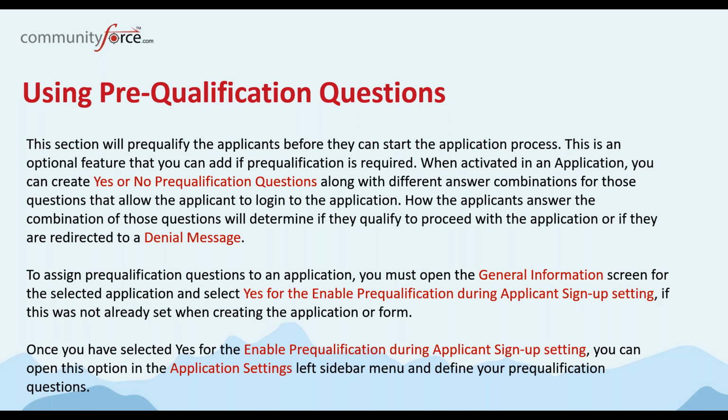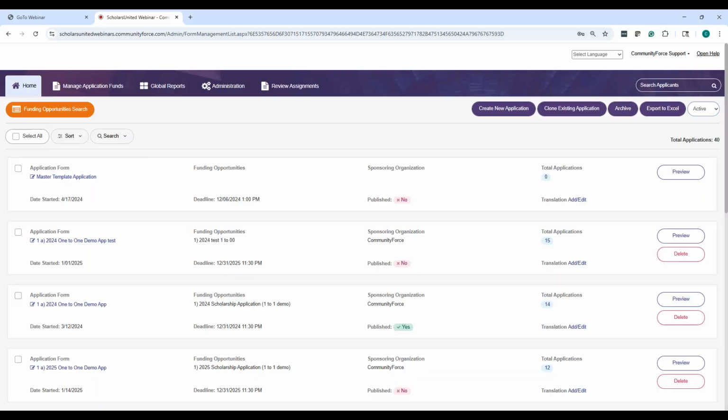So let's go to the site, and we'll talk about some of the key settings. There's a setting in the administration dashboard, as well as a general information setting, that you want to make sure are correctly set up before you even proceed with using pre-qualification questions. So let's go to the site and show you how to set this functionality up.